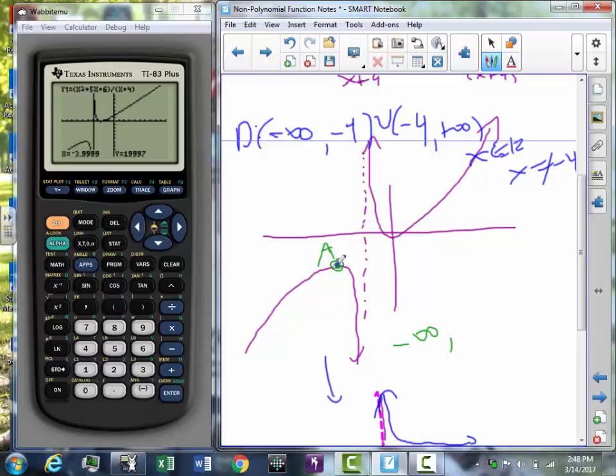You guys know that you could find that value. So it would go from -infinity up until that A value. However, would you include that A value or not? Should I use a round bracket or a square bracket here? You would use a square bracket, because you can include that A value there. And then you'd pick it up again somewhere over here at this minimum value. Why don't I call that one B just to save me some time? And then you'd start at B, include B, and go to positive infinity.